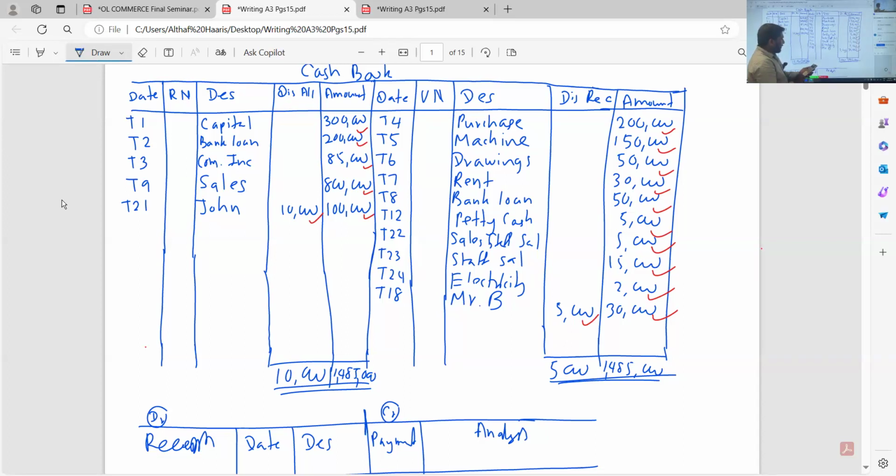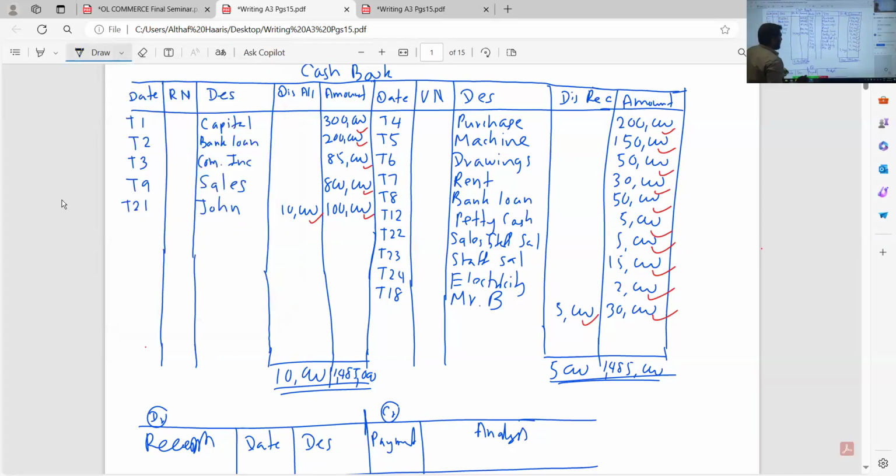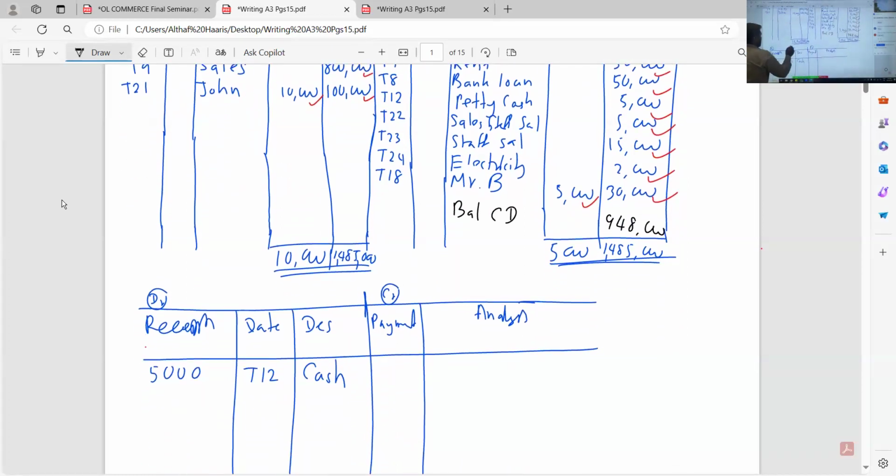I am getting a value of 948,000. Tell me if it is correct. Balance c/d 948,000. Only Zaharullah is telling it is correct. One student's confirmation is not enough for me. I need a minimum of 2-3 students to confirm. Please confirm.